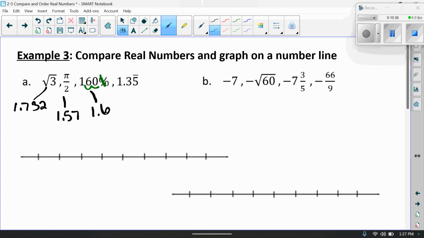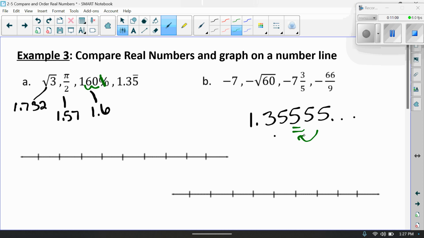And then 1.35 repeating. So here, 1.3 with a 5 bar notation over the 5, that looks like this. 1.35555. So if I'm going out to the thousandths place, that means this number is going to be what? 6, right?